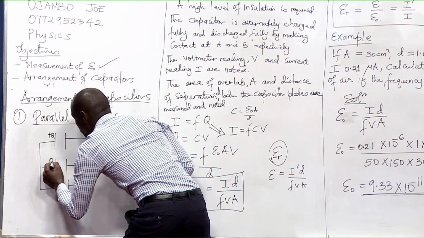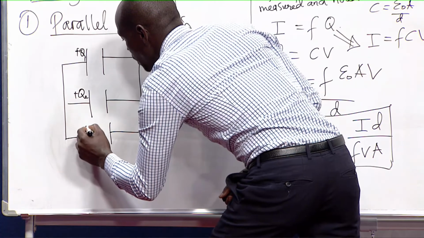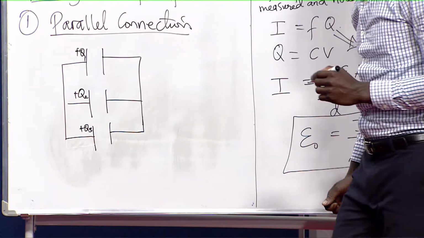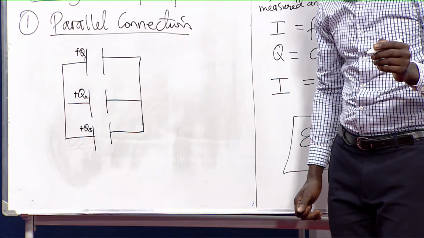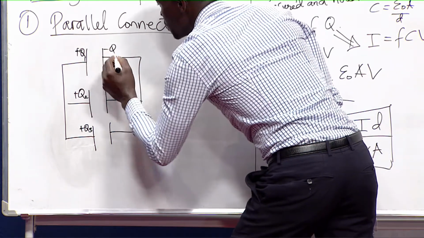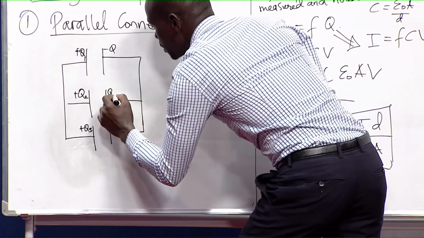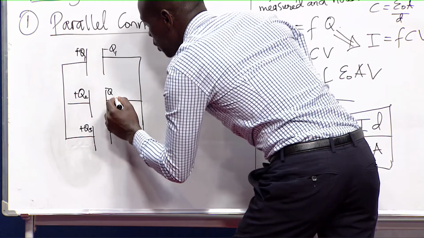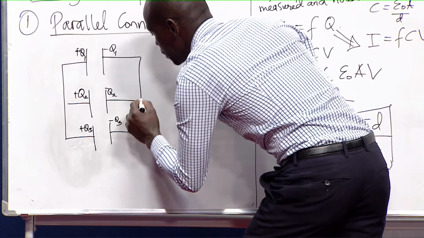The charge on this one is Q2. Charge on this one is Q3. We imagine we have 3 capacitors which are arranged in parallel. So this is going to be negative Q, since they are charged by induction. This is negative Q. This is also negative Q. This is Q1, negative Q1, negative Q2, negative Q3.